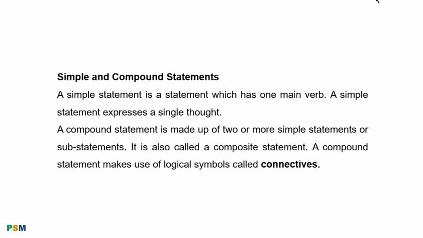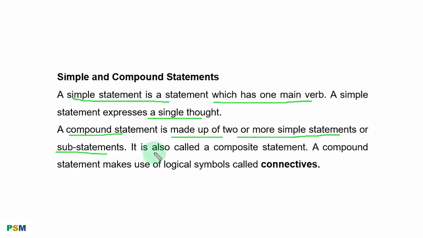Simple and compound statements. A simple statement is a statement which has one main verb. A simple statement expresses a single thought. A compound statement is made up of two or more simple statements or sub-statements.